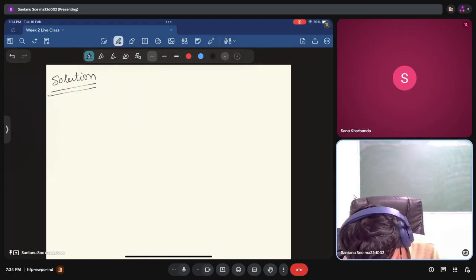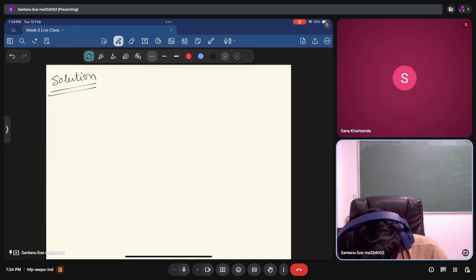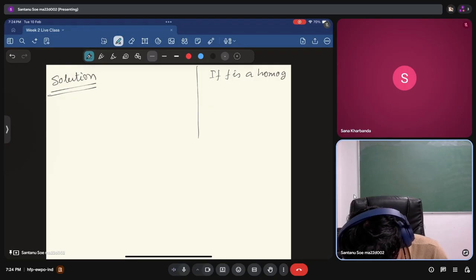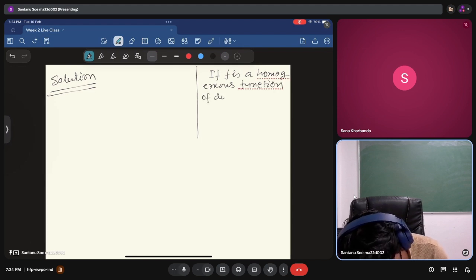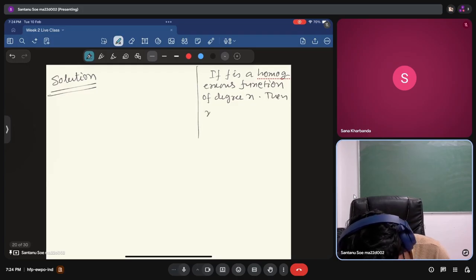So Euler's theorem says that if f is a homogeneous function of degree n, then x squared f_xx plus 2xy f_xy plus y squared f_yy is n into n minus 1 times f.